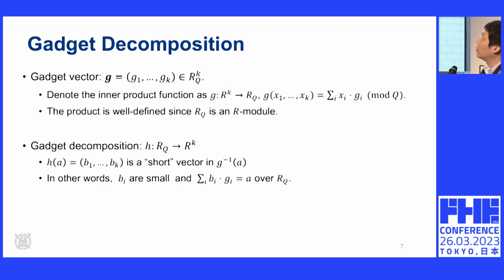This product is well defined because R_Q is an R-module, and Gaussian decomposition is, roughly speaking, a process to find a short preimage of this inner product value.